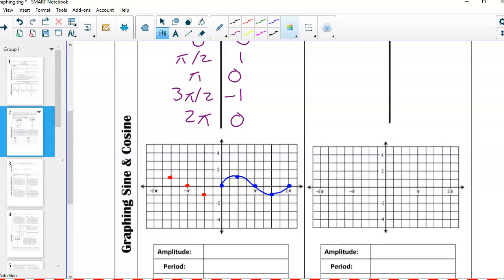And then sine of negative 2 pi would be the same thing as sine of 2 pi, so 0. It repeated itself again. So each time it repeats itself, that is one period. It takes 2 pi units to repeat itself.